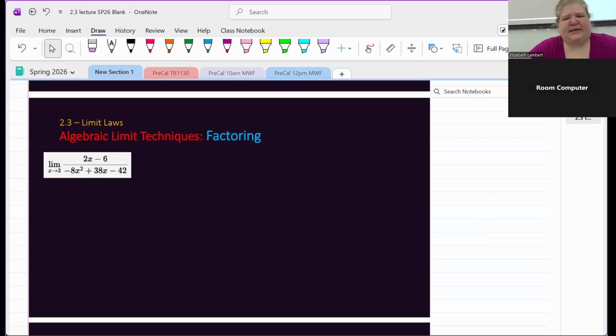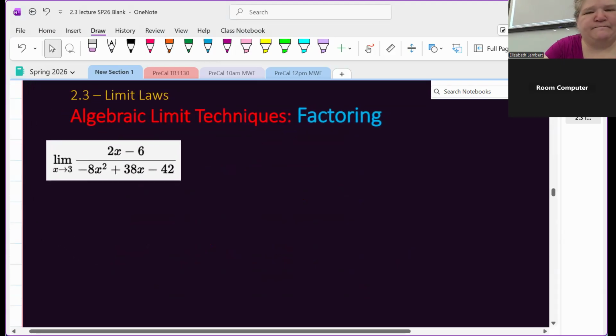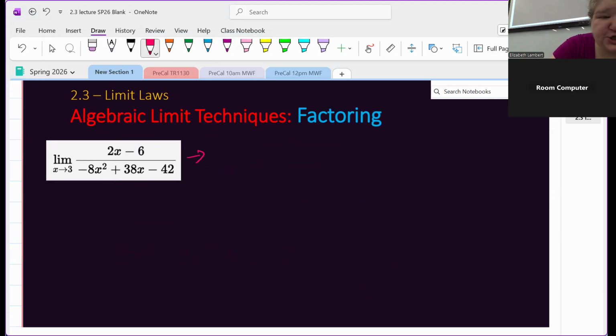So let's try a slightly more advanced, being a relative term here, example. Let's look at another weird example. And again, the first thing to try is always shove the number in there and see what happens. So 2 times 3 minus 6, that's 0.